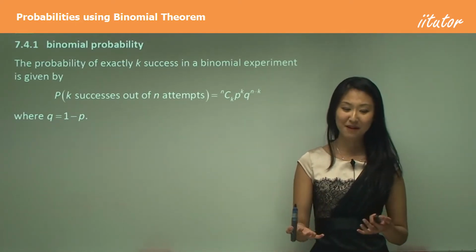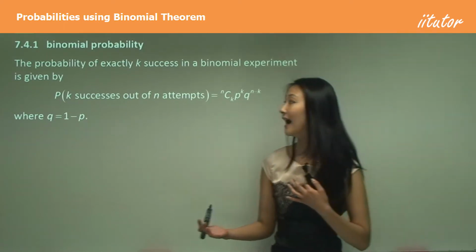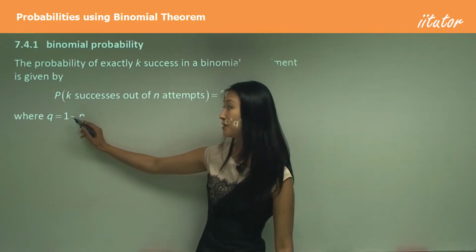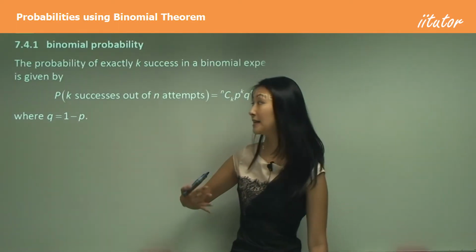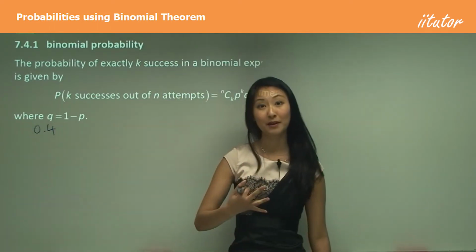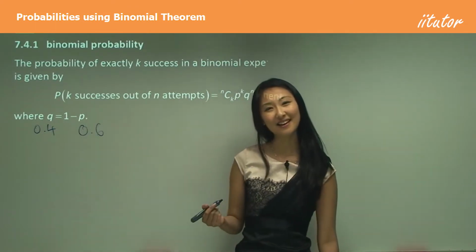Now, as you can imagine, because it's binomial, so one or the other, that means that the probability of q equals 1 minus that probability. So for example, if the probability of passing is 0.4, then the probability of failing must be 0.6. Yeah, can you see that?